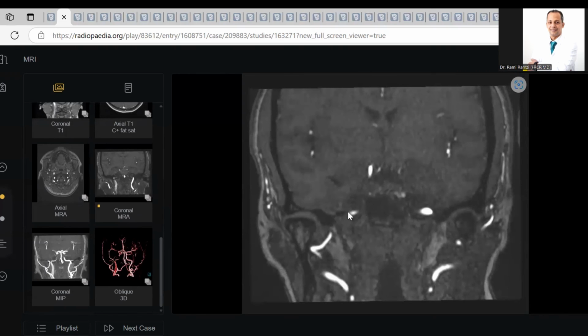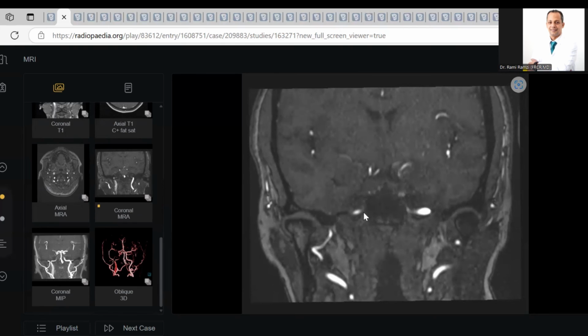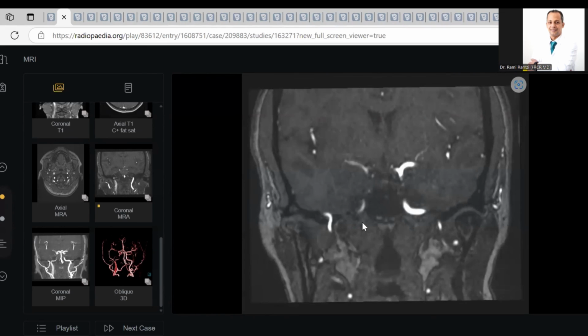ICA dissection, you can diagnose it even if the lumen is just narrow, in a young patient, a post-traumatic patient, a patient with no known atherosclerotic disease. Why is this artery small? A patient with trauma and acute neurological symptoms, think of dissection. See, compare right with left. This is the right, this is the left.